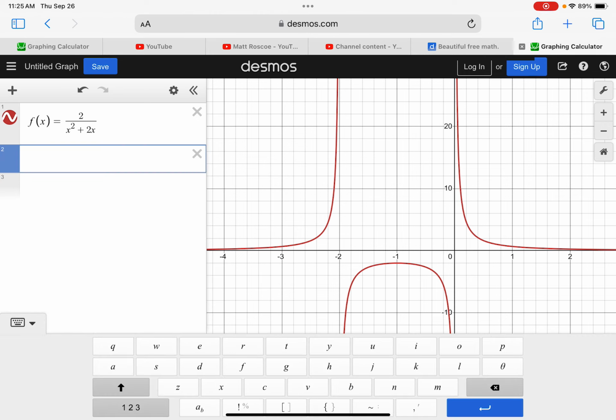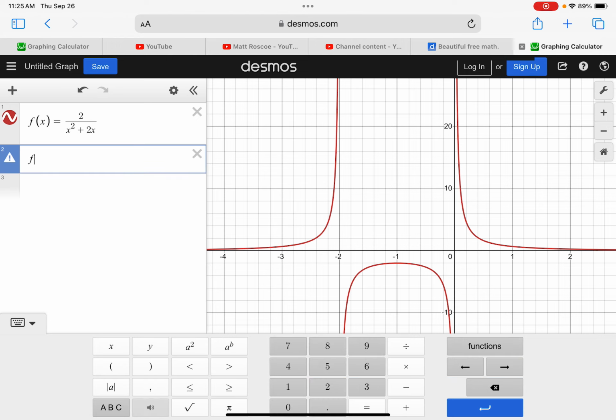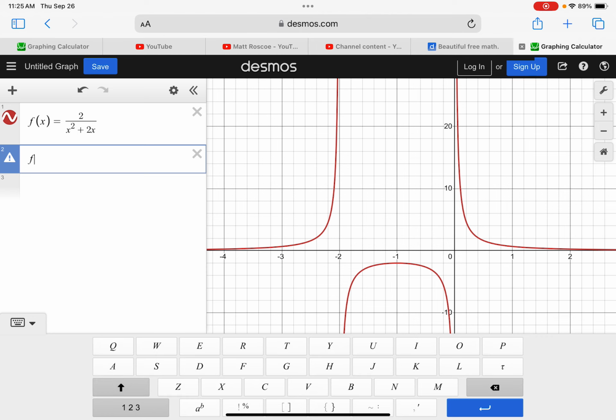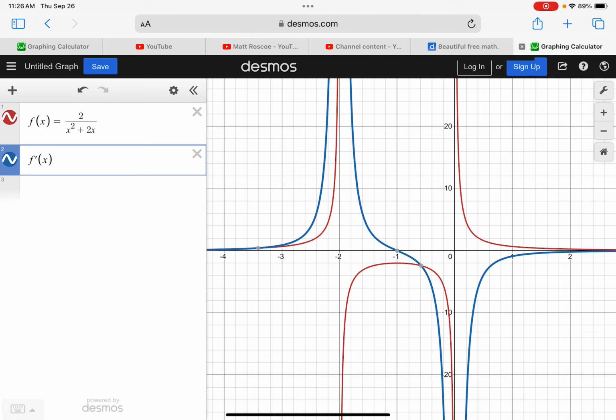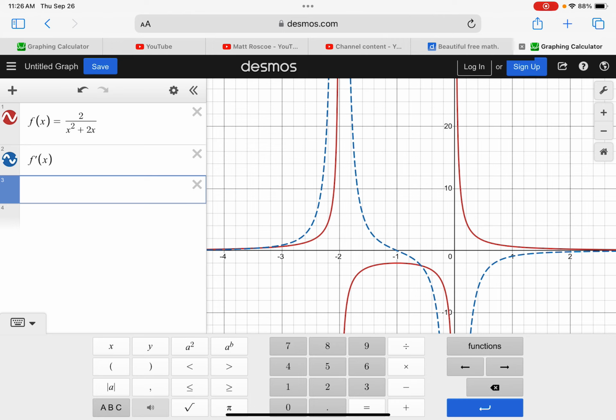Let's see what the derivative looks like. So f prime of x. Let's make that a dotted line. So the blue line would be the derivative function for the red function, and we think we know what that function is based on the quotient rule that we just calculated.